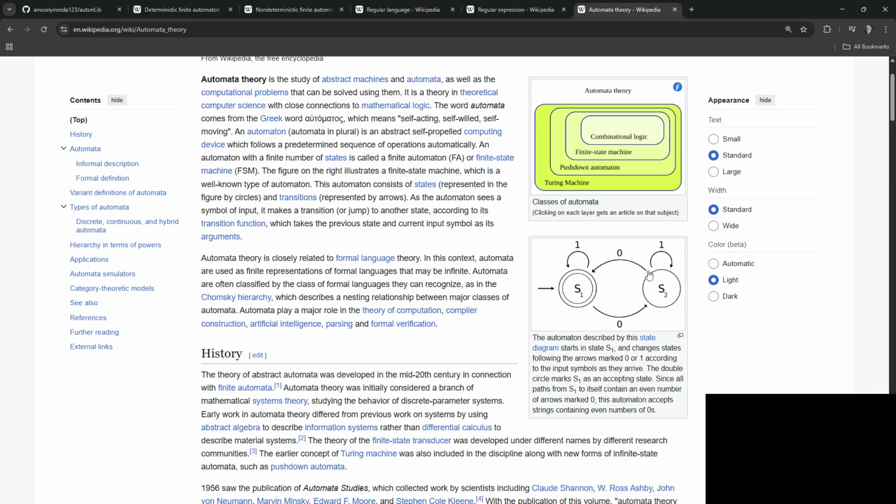And then for S2, there's no ingoing arrow, so this is not a starting state, and it is a single circle, so this is not an accepting state. So it is neither a starting state or an initial state, nor an accepting state, right? This is just a state in the automata.